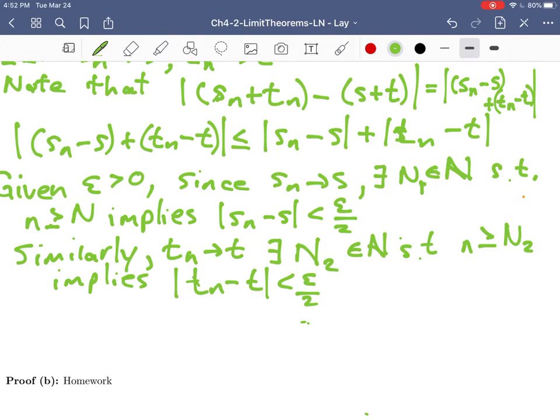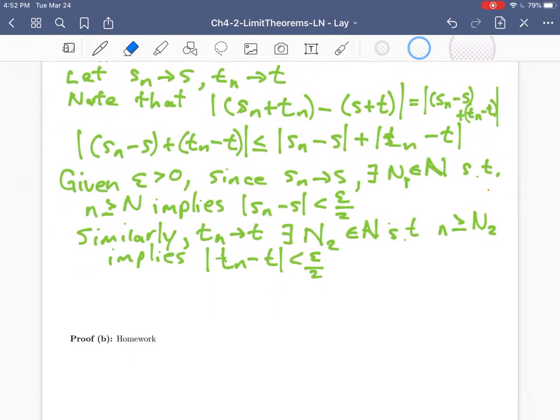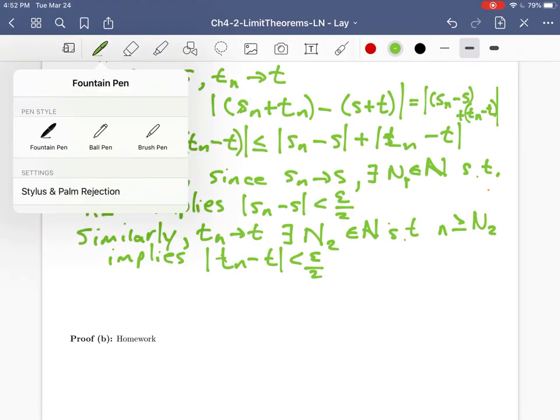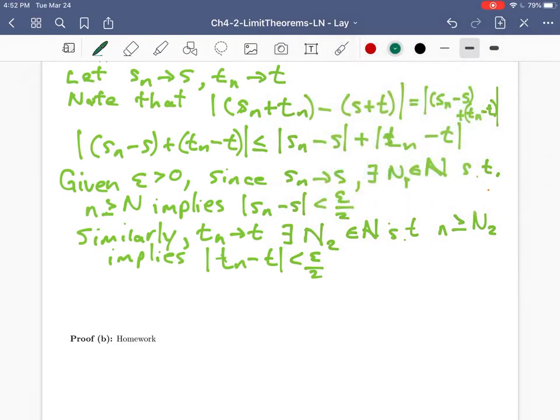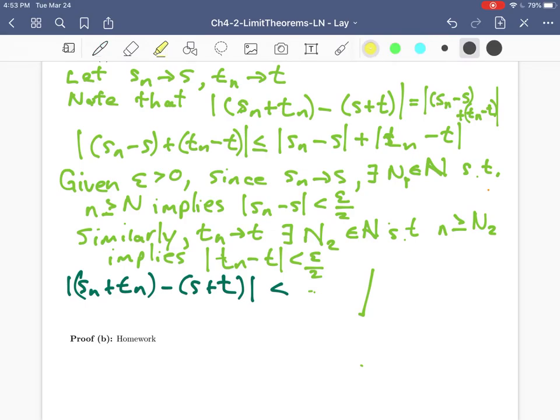Right, and so after making those observations, when we put those together with that note from above, that would then tell us that we have the absolute value of S sub n plus T sub n minus S plus T. That's going to have to be less than the value of epsilon.